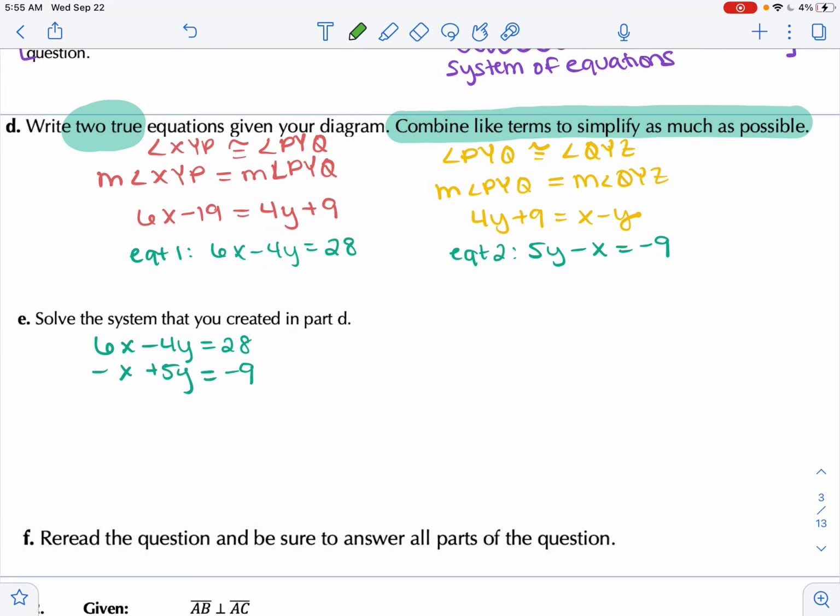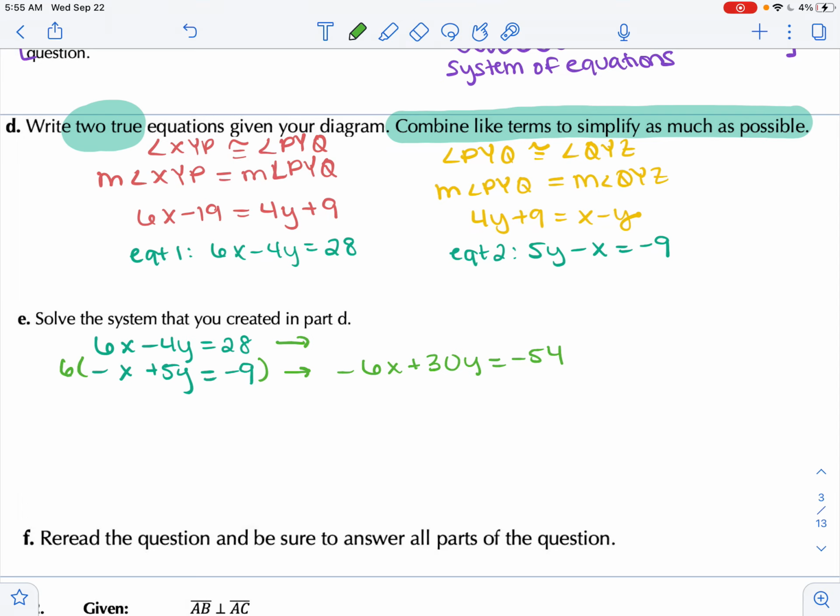I notice that my x's are of opposite sign, and I could scale this one up to have a matching coefficient to this one. So through multiplying the second equation by 6, I have negative 6x plus 30y, making sure, taking my time, to distribute everything, equals negative 54.